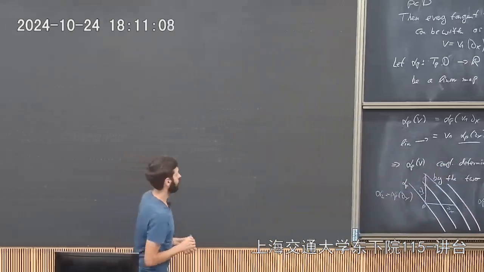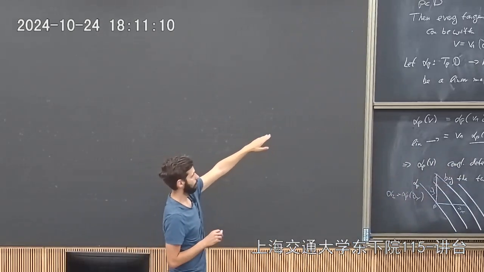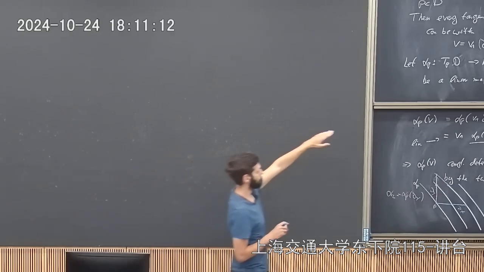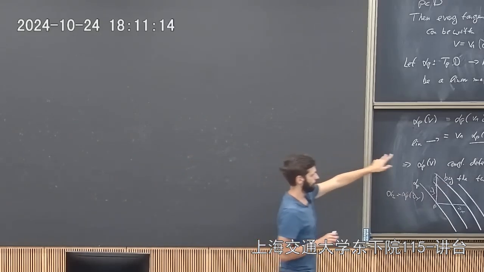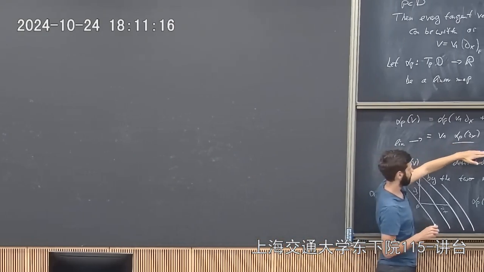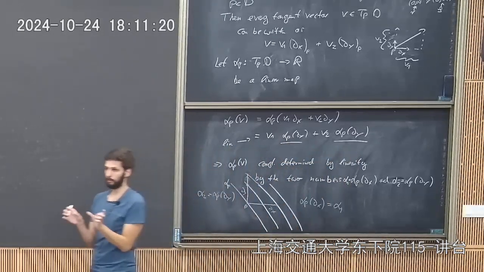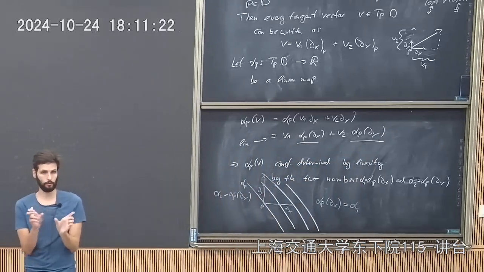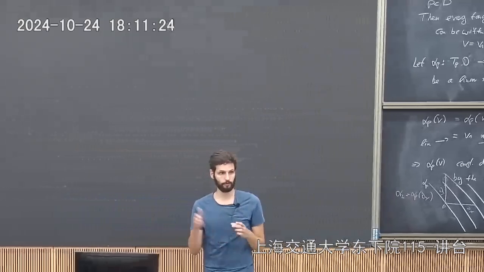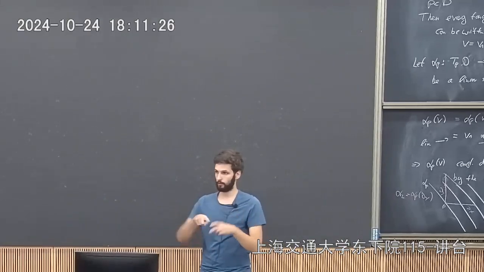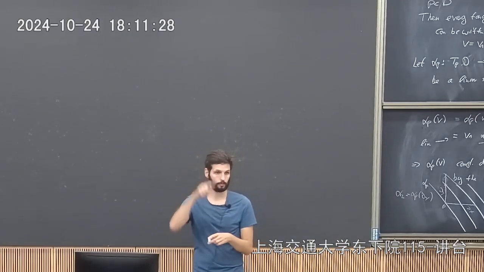So we see that every linear map at a given point p is completely determined by two numbers, alpha 1 and alpha 2. That's very similar to a vector at one point, which was also determined by two numbers: one of them was the amount in the x direction, and the other was the amount in the y direction.